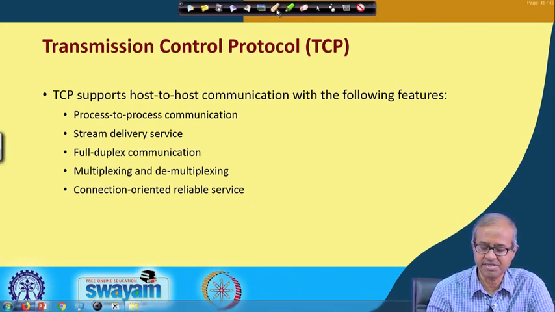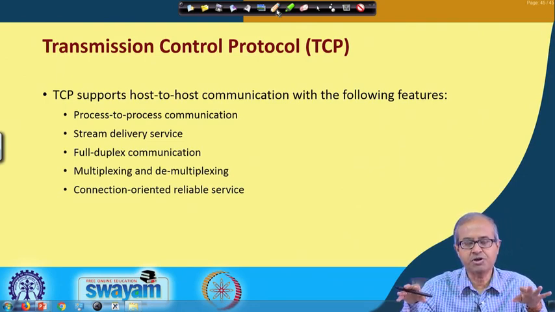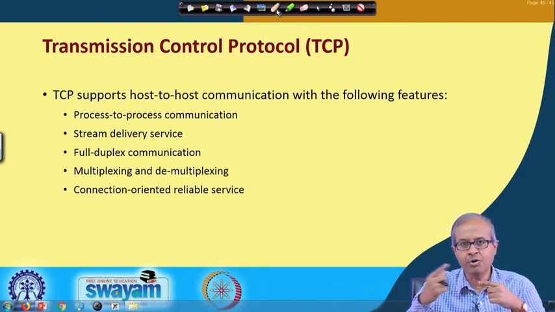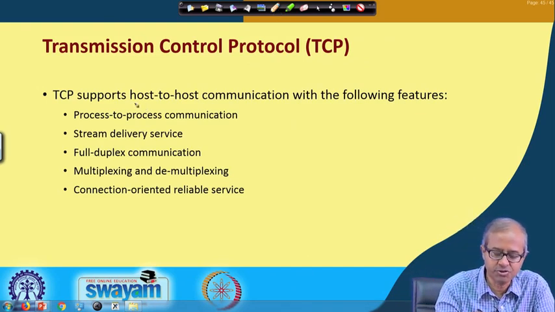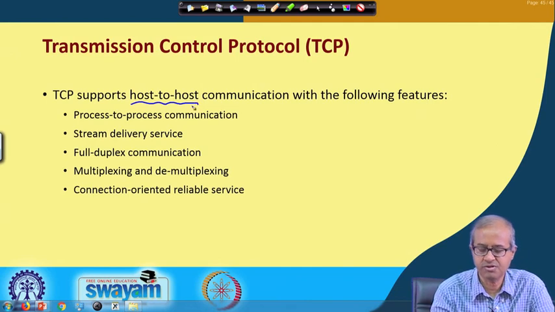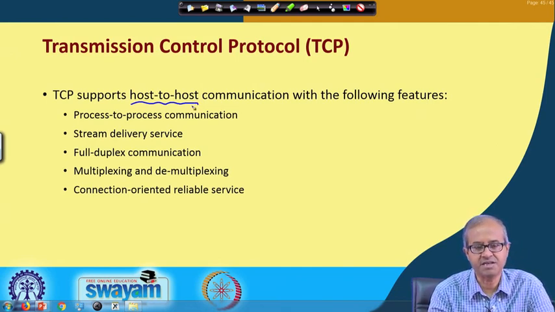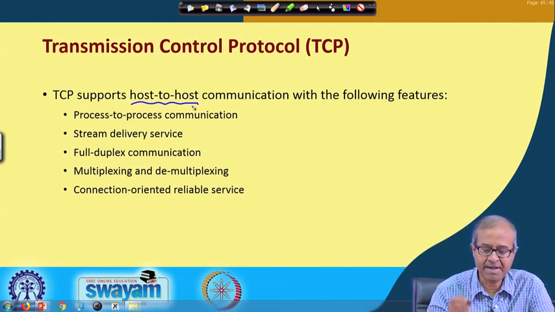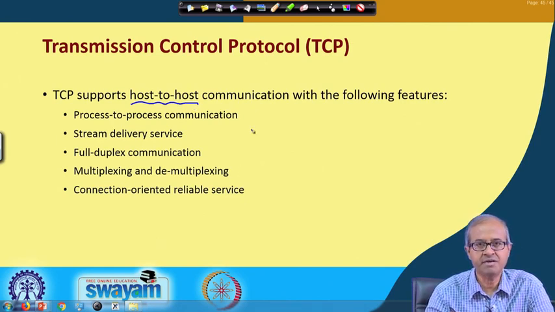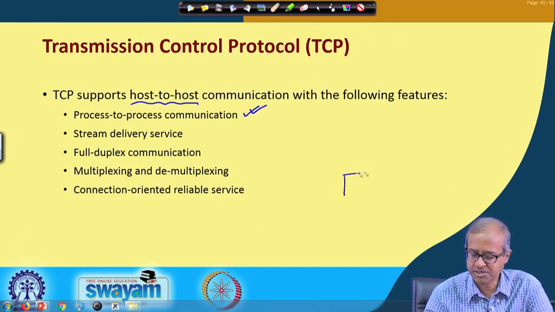TCP, we have already mentioned that at the transport layer level we have a host to host connection facility. So, TCP supports a host to host communication facility, and it supports a set of features. The features are like this: two processes can communicate among themselves, a process on a local machine and a process on a remote machine.